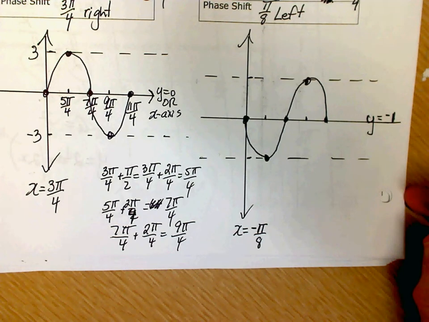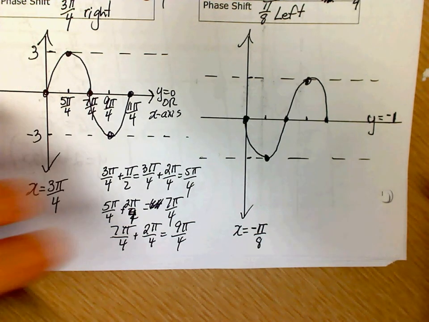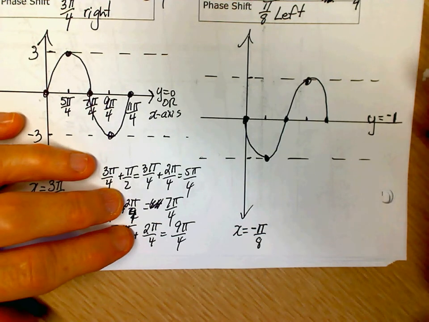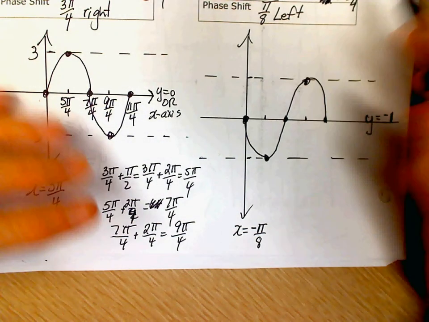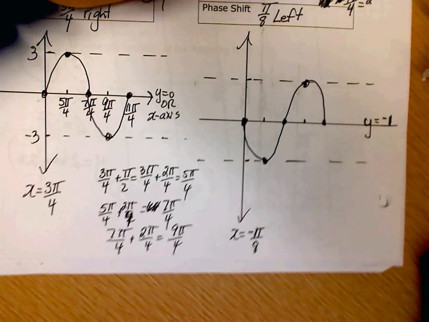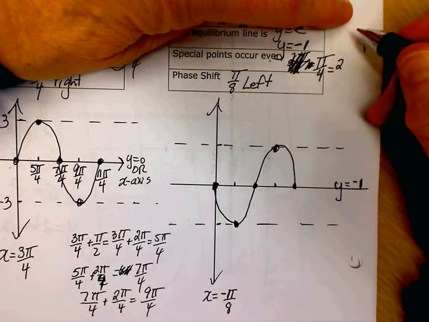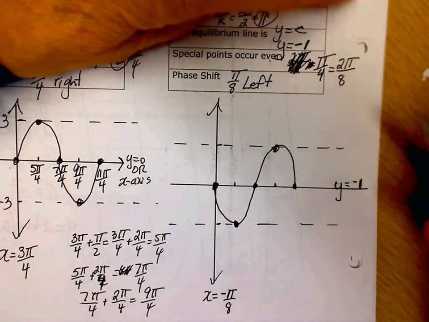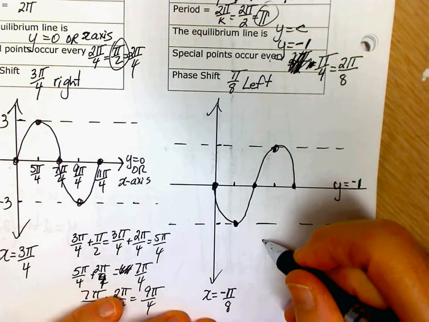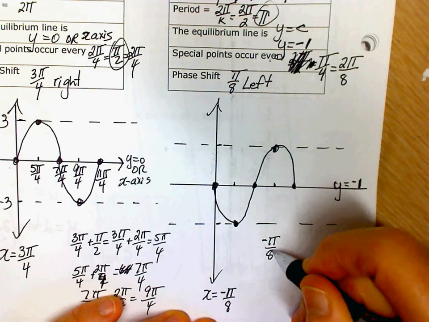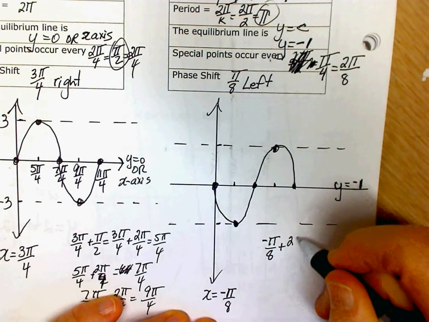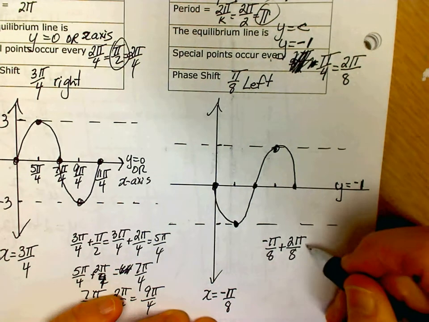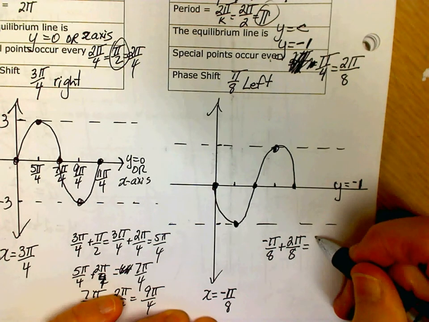So, special points occur every 2 pi by 8, right? Because it's pi by 4, but we need a common denominator, right? So we're going to go negative pi by 8 plus 2 pi by 8 equals pi over 8. So this is going to be pi over 8.